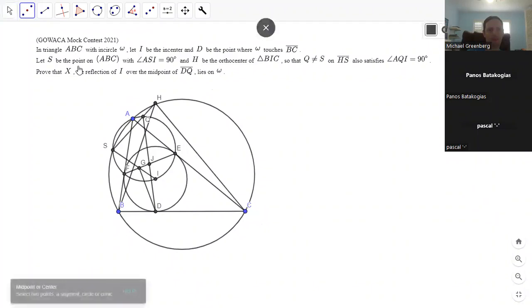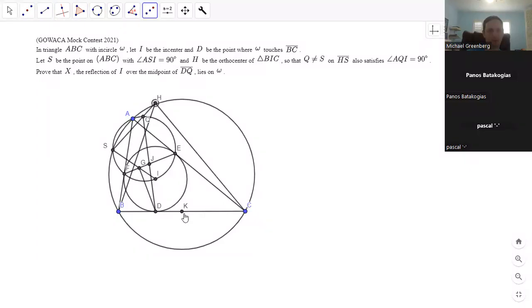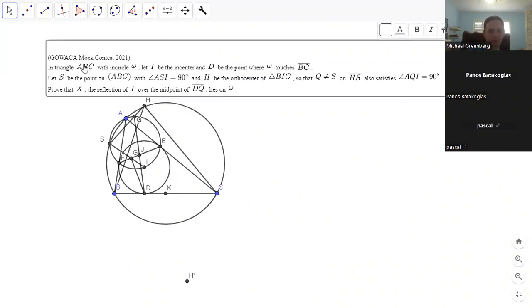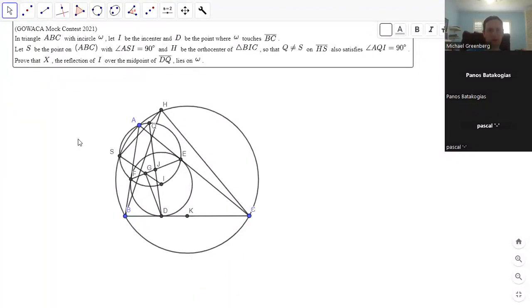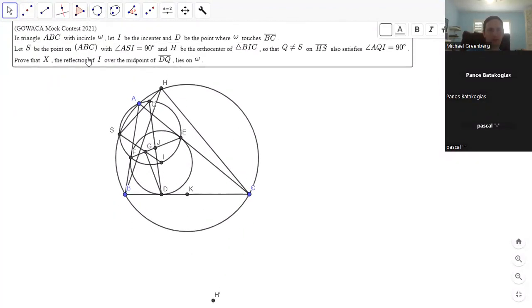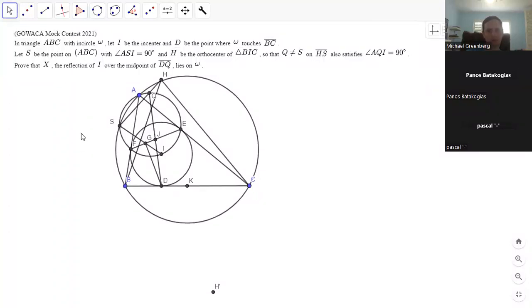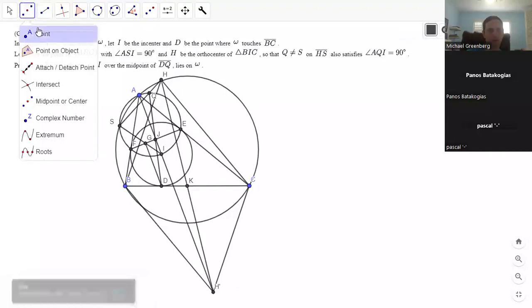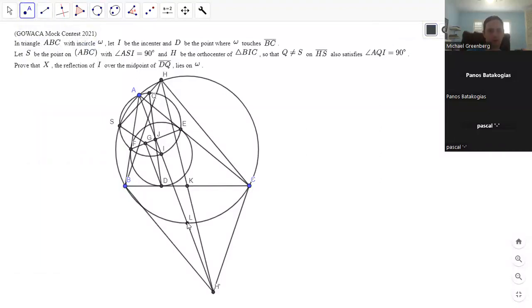So if you reflect it, if you make a parallelogram, then H prime would be the A-excenter of ABC. And yeah, we could use the incenter-excenter lemma. We get all kinds of stuff.